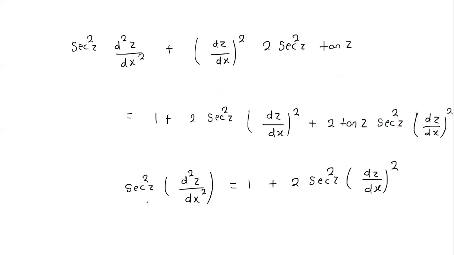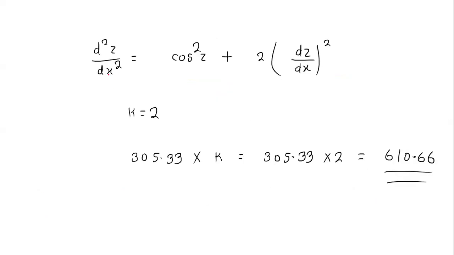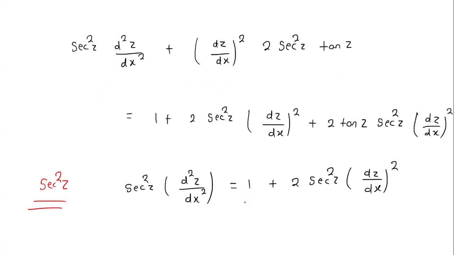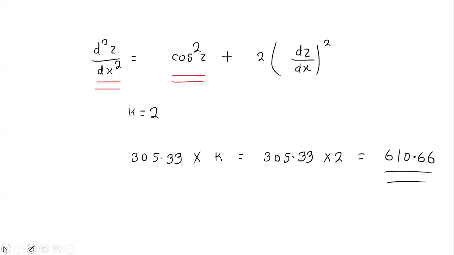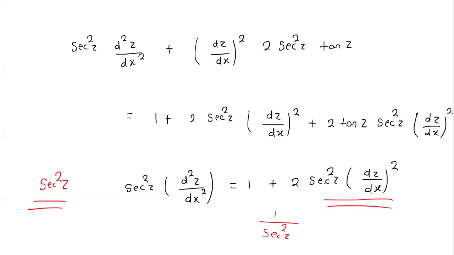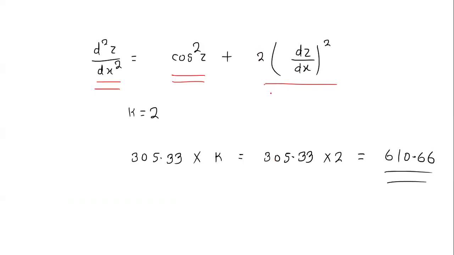Now you can divide by sec of z whole square on both sides. After dividing you will get d2z by dx square, and 1 divided by sec of z whole square will become cos of z whole square, and here the sec of z whole square will cancel, and the only remaining thing is 2 times dz by dx whole square.